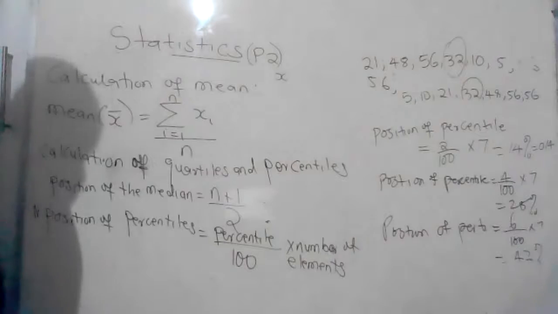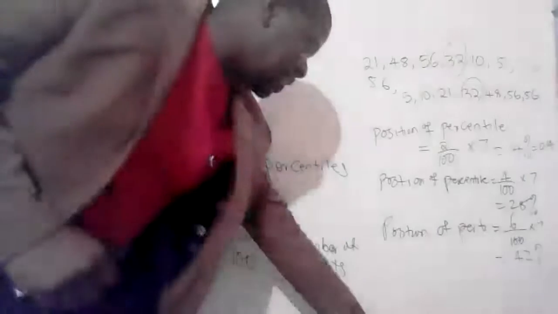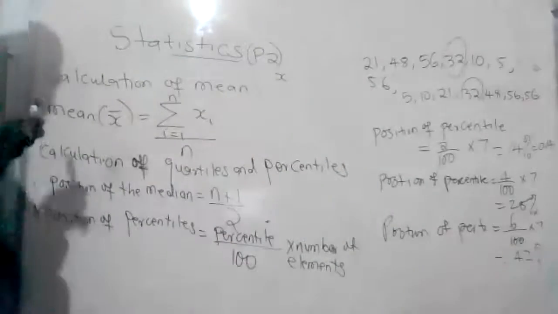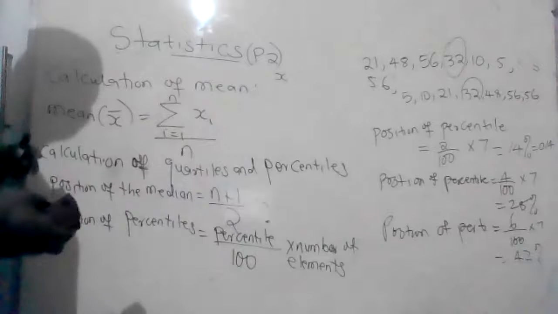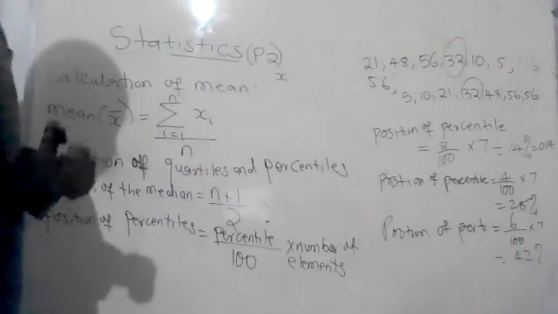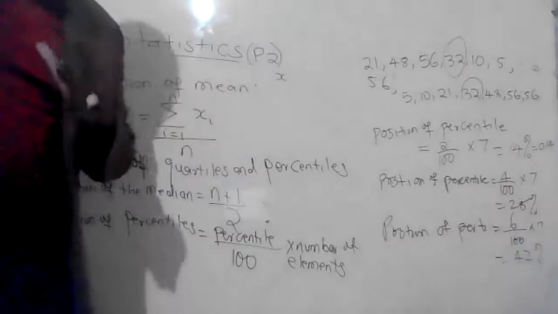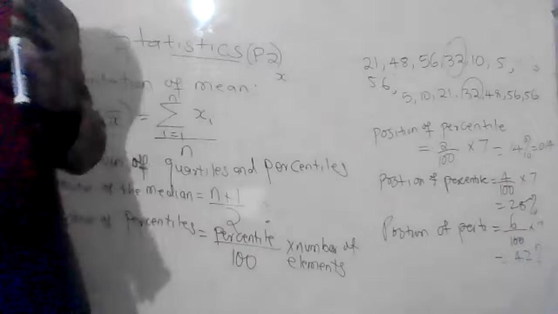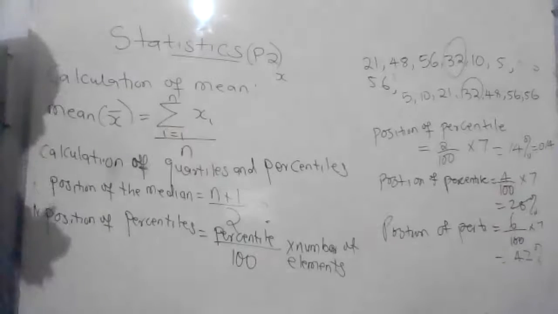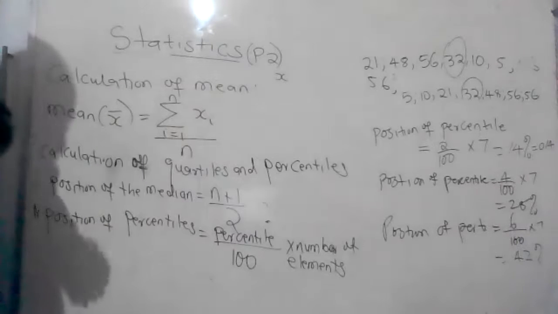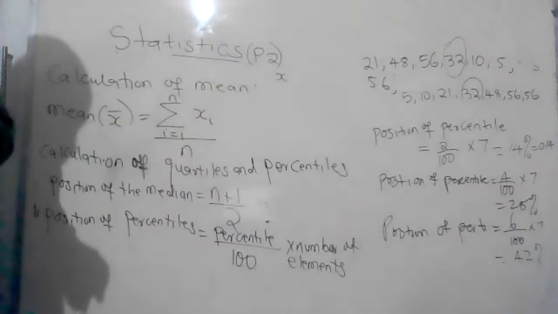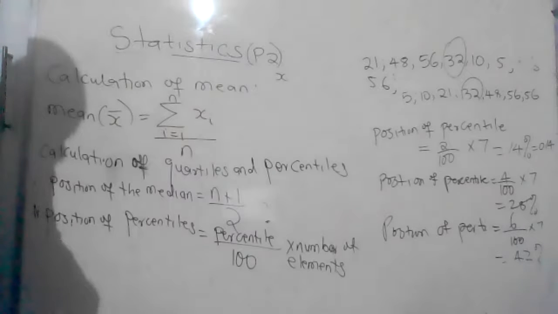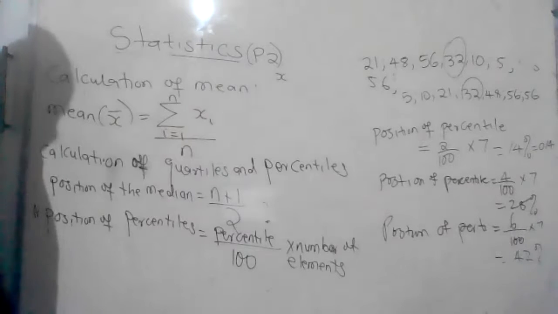I will want to use this time to explain that last part of finding the standard deviation and the variance. Before I do that, let me know if one of you knows how to find the standard deviation and the variance. Is there anyone who knows how to find these two important aspects of this module?